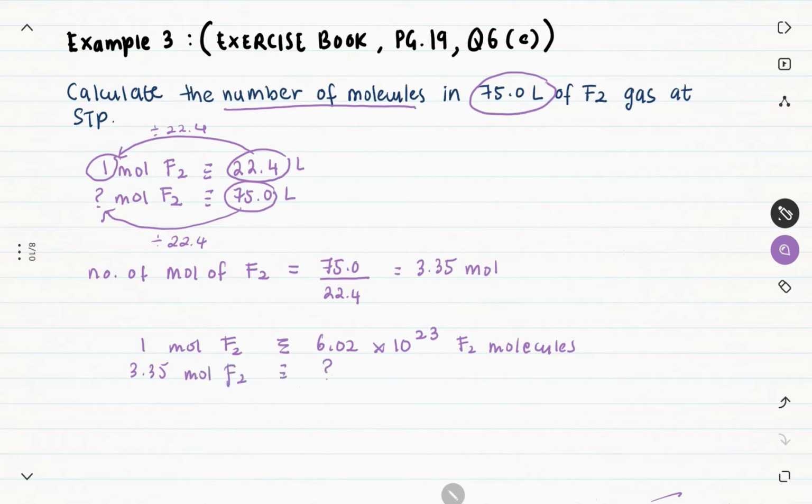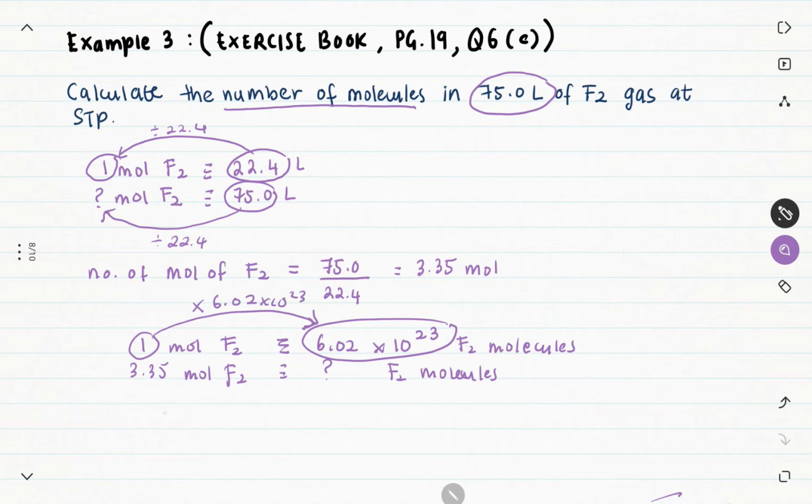So how many F2 molecules do you have? Now 1 to 6.02 means that times 6.02 times 10 to the power of 23. So above times 6.02 means that below you need to times with 6.02 also.